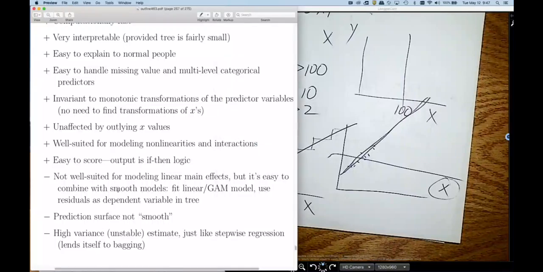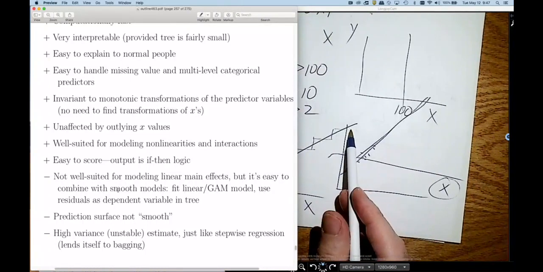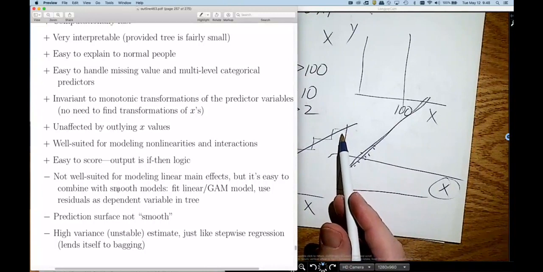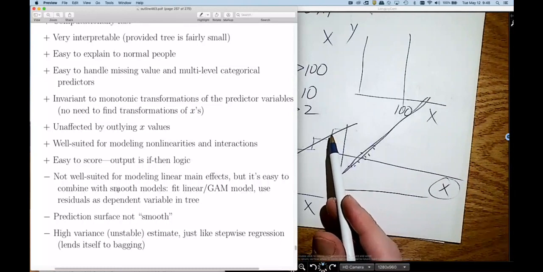One thing that I often do is I'll fit a linear model or a GAM and pull out any smooth effects with the linear model. Then I'll take the residuals from that model and put that into a tree.